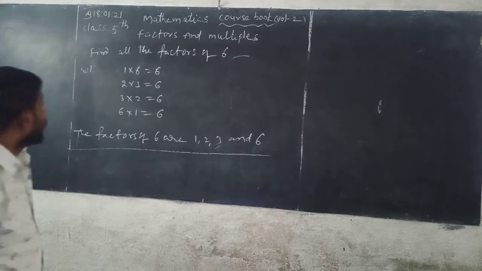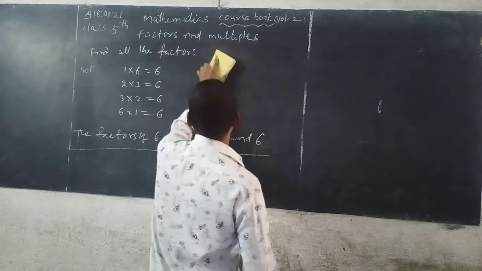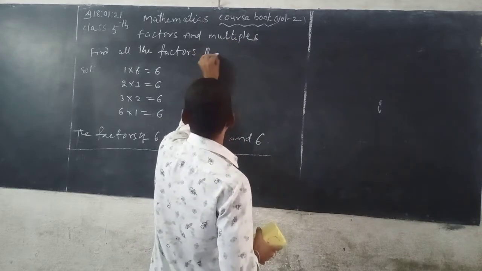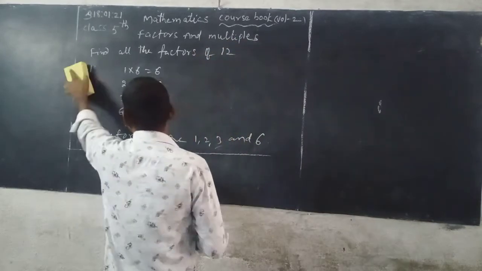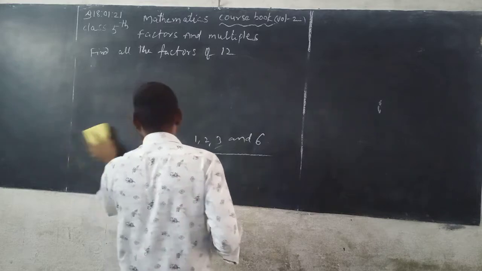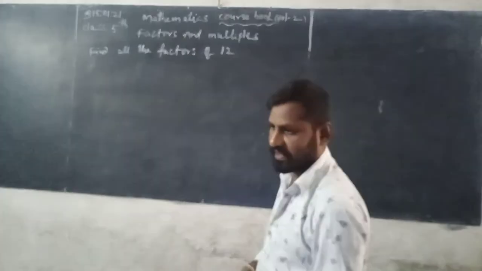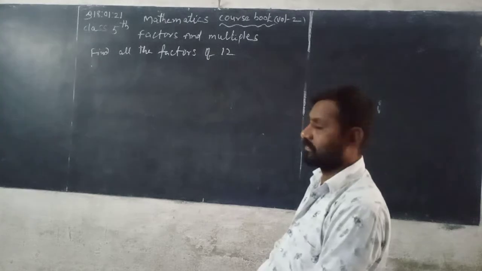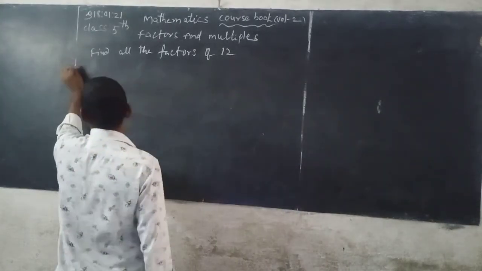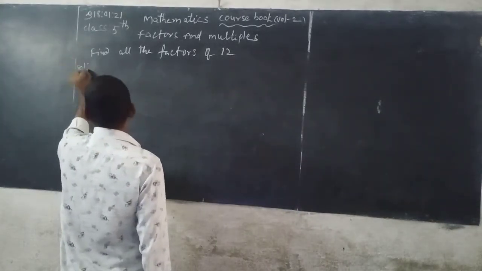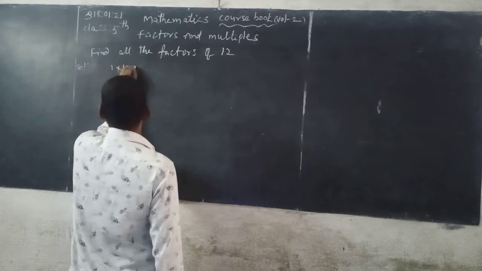Now next, find all the factors of 12. See, same solution. 1 12s are 12.